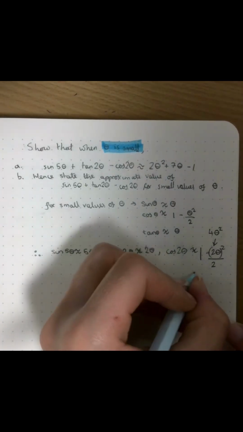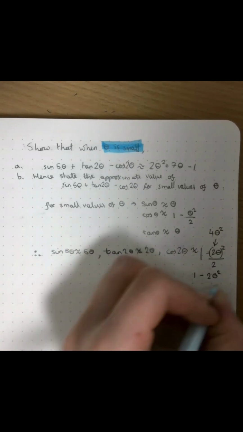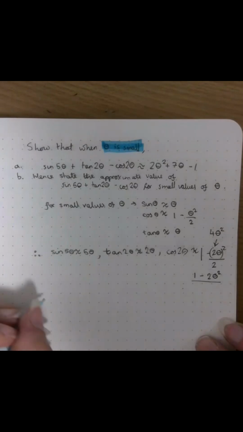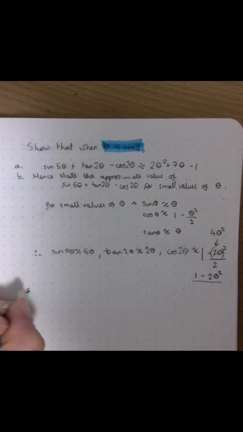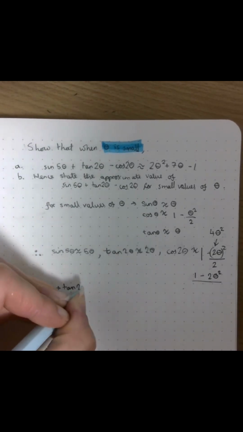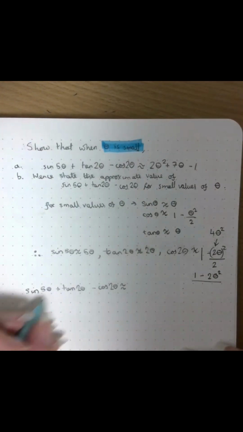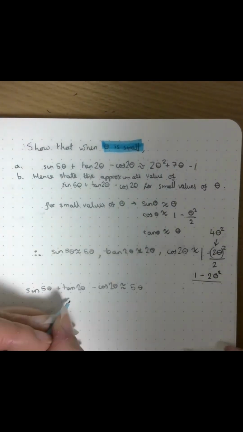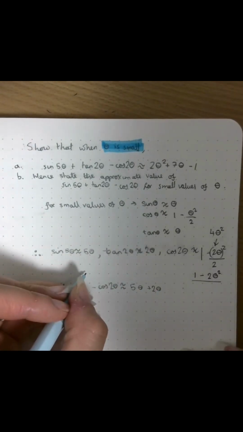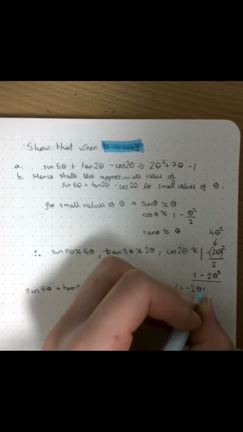So that will become 1 minus 2 theta squared. So now let's just substitute all that in. So therefore, sine 5 theta plus tan of 2 theta minus cos of 2 theta will roughly equal 5 theta plus 2 theta, and then it's a minus 1 minus 2 theta squared.